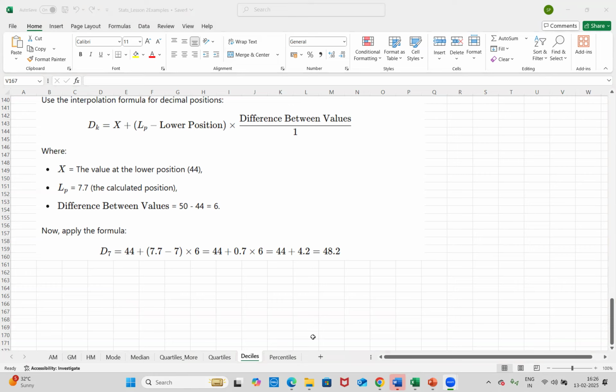I'll cover them in the last video, which covers the entire chapter called measures of central tendency. With this, 99% of the central averages chapter is covered.